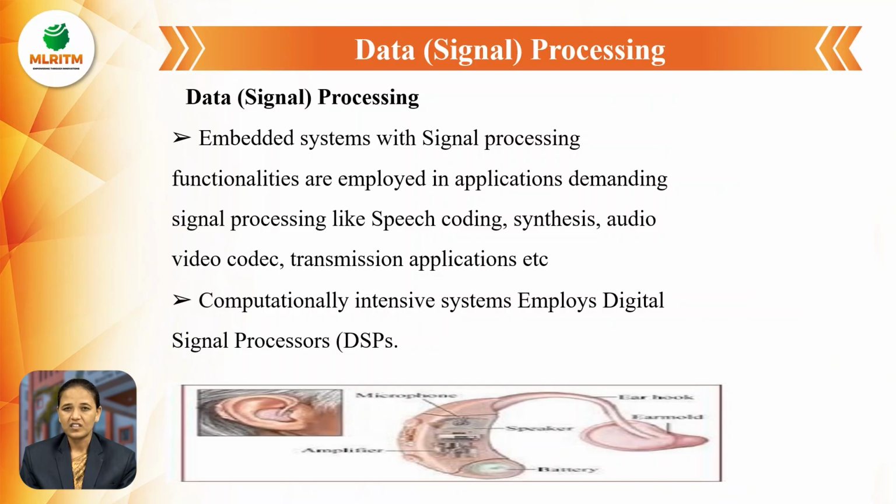If a person cannot hear others' voices clearly, that person can use a device called a signal processing device, which can process the signal like speech coding, synthesis, and audio video coding in translation applications. This application is performed in impaired persons with the device they are wearing.